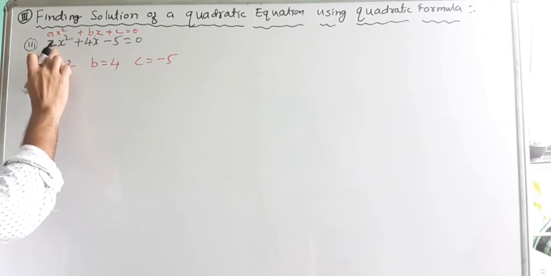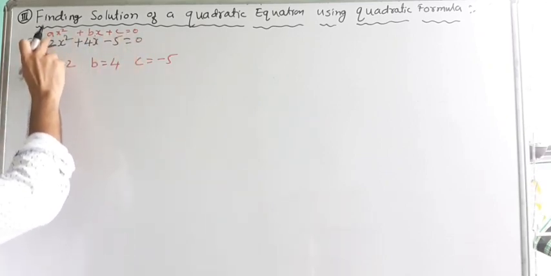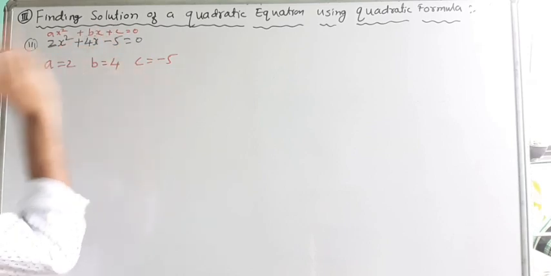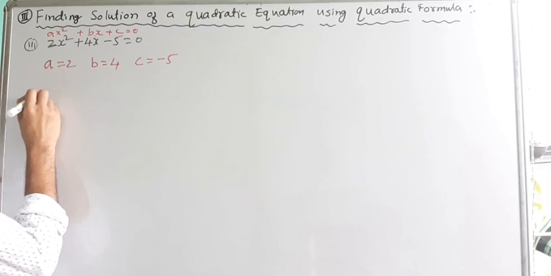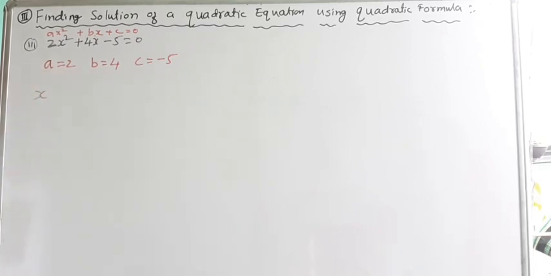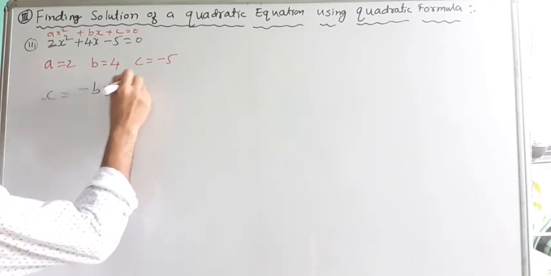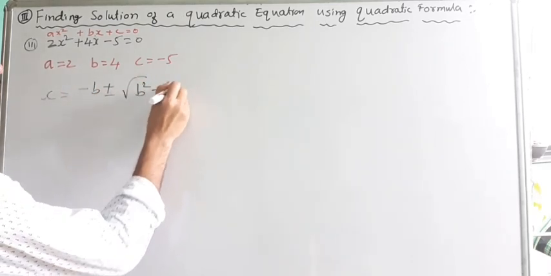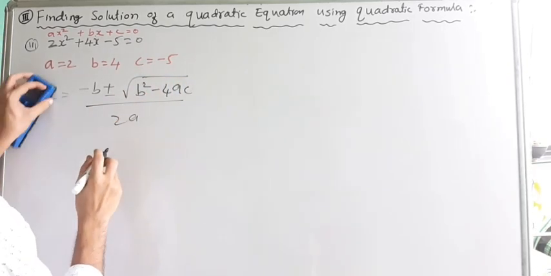This is again 2x square plus 4x minus 5 is equal to 0. So here the value of a is 2, b is 4 and c is minus 5. To find the roots by using the quadratic formula method, we'll write the formula first. So x is equal to minus b plus or minus root of b square minus 4ac upon 2a.